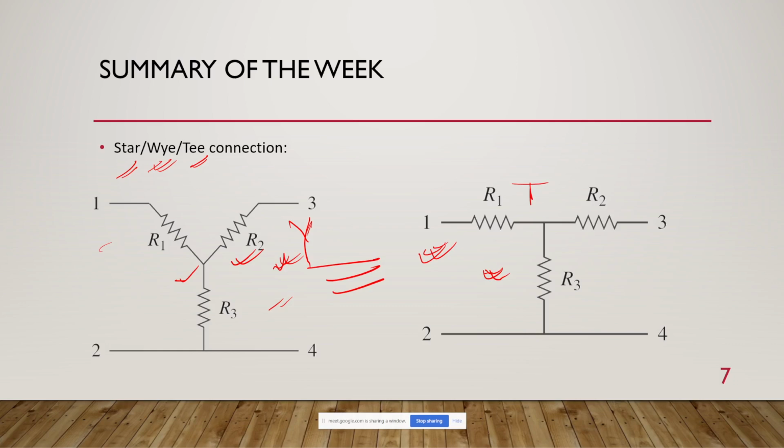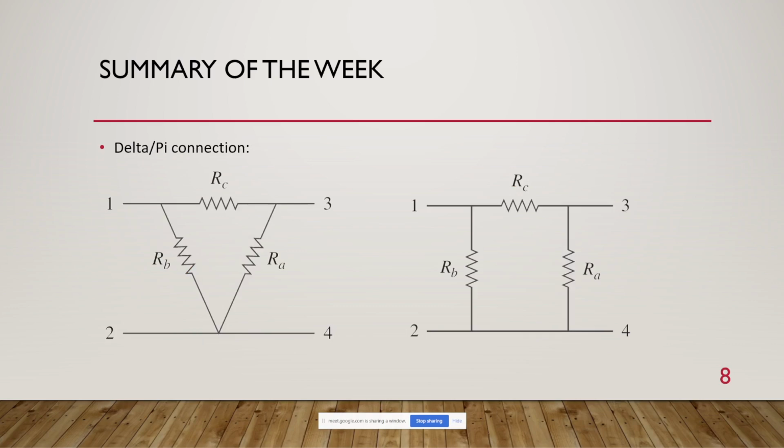Okay, fine. Moving ahead. Now coming to the next very common kind of topology, it's a delta or pi connection. Can you tell me why it is called delta connection? Here it is shown in the form of an inverted delta, but what does a delta look like? This is the shape of delta, right? So basically this is delta connection.